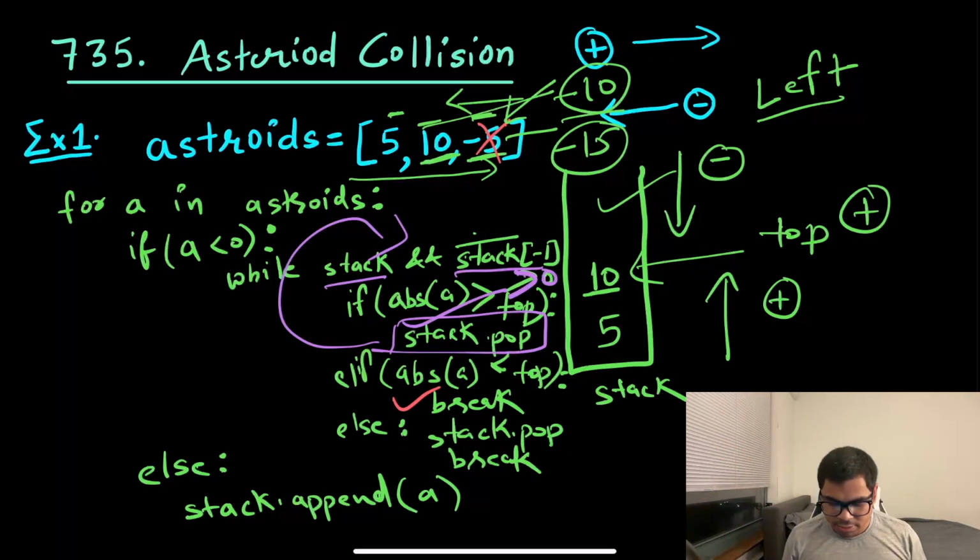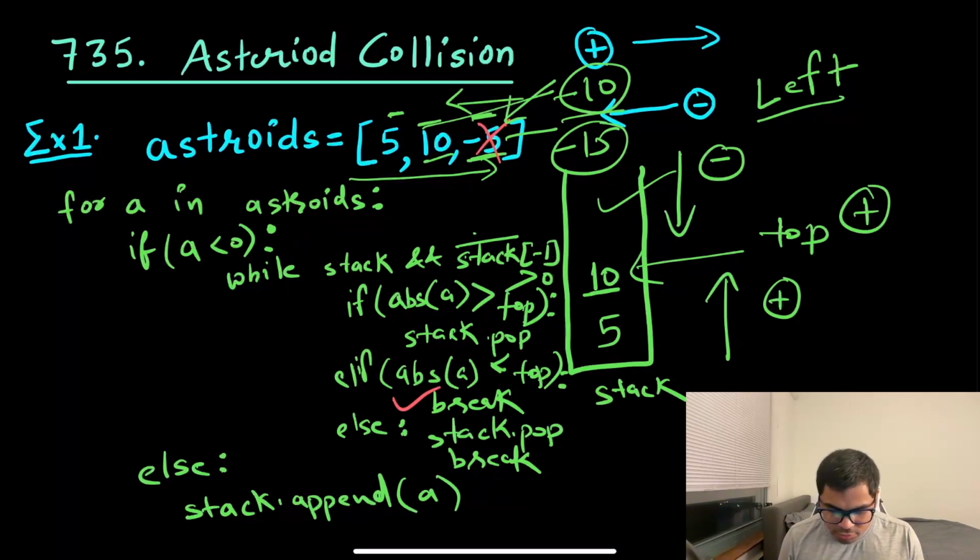Either you find a negative value on the stack, or you destroy all the asteroids going in the right direction in this stack. And finally we will keep a flag to decide. The flag is needed just to have these conditions written nicely. Otherwise we can avoid the flag: you can bring out the while and just have the append in the end. But having that flag will make things nice. We'll have a flag to track that we need to append that asteroid in the end.